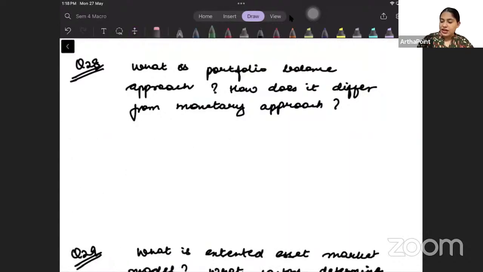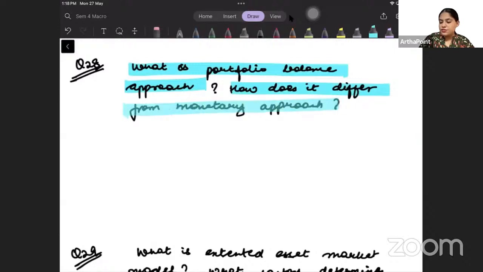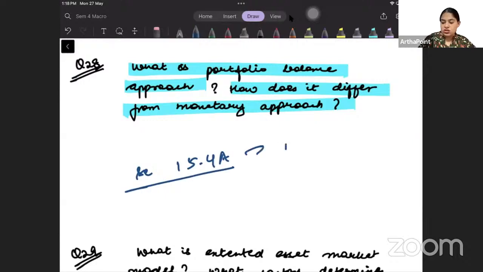Question number 28. It says, what is the portfolio balance approach? How is it different from monetary approach? The answer to this question is section 15.4a, which talks about the asset market approach.